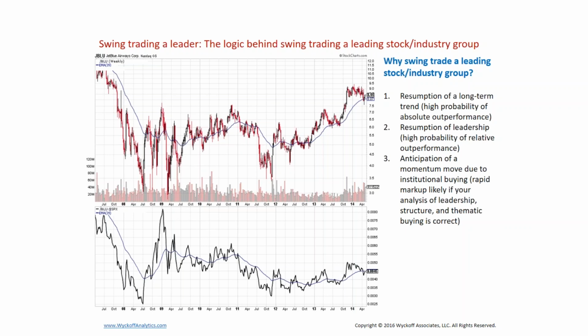They are initiating a position in a theme, in an idea, and therefore their financial commitment is going to be not to a specific stock necessarily, but to a number of stocks in the same industry group. A number of stocks, maybe even outside of the specific industry group, could also be related to the idea, the regional idea, and what we call the horizontal spread of the commitment by the institution.